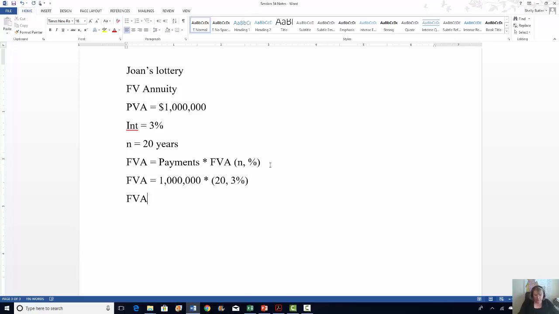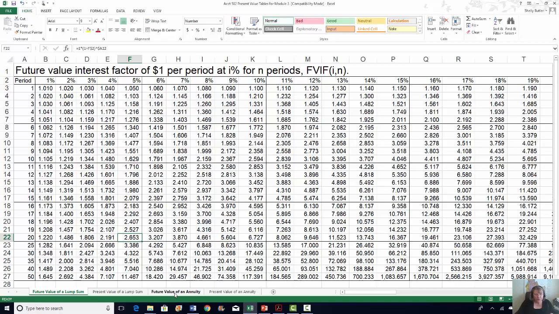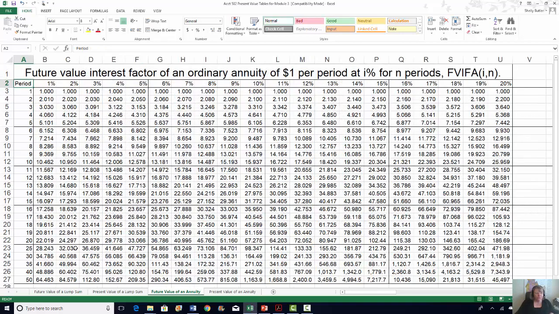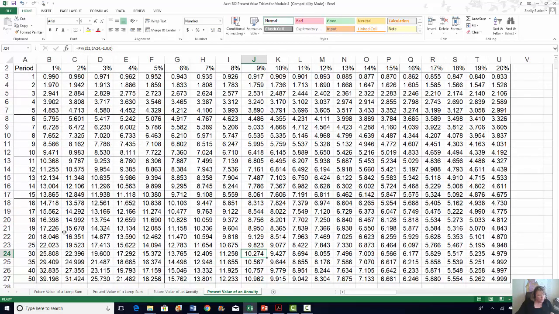So future value of an annuity is equal to $1 million multiplied by the future value of the annuity factor for 20 periods at 3%. That's not the number I'm looking for. What did I do wrong? Present value of an annuity?